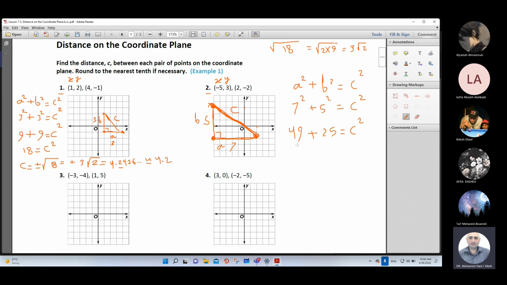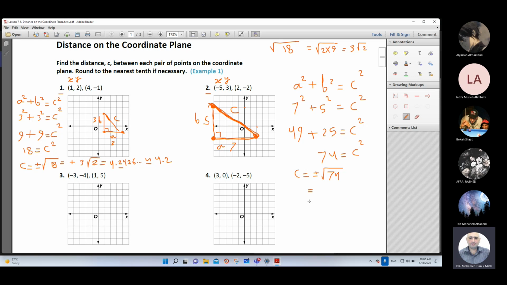Now we can add. c squared equals 74. So c equals plus or minus the square root of 74. And take the positive side because here you have a length.